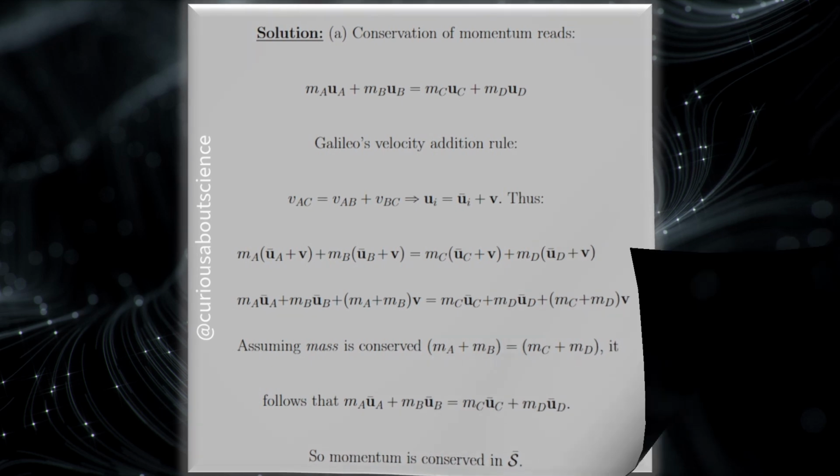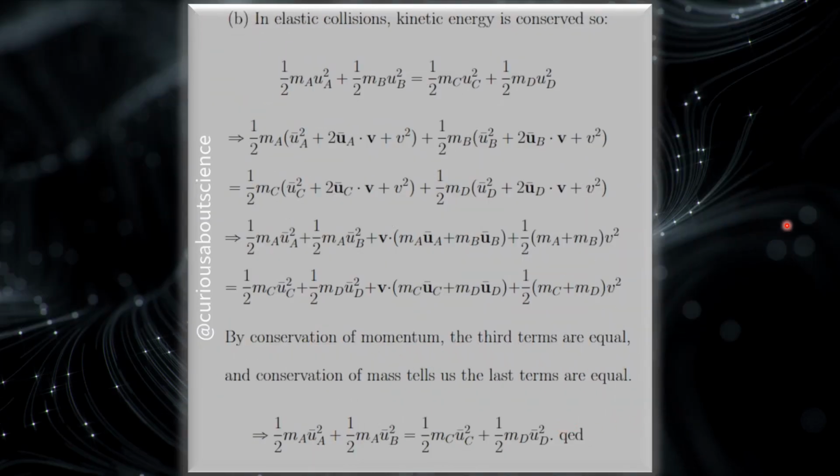Now, for the second part of this question, we were told that we had an elastic collision, and we want to show that things are conserved there. If we recall, in elastic collisions, we also had kinetic energy conserved. So what we're going to have to do is the same trick, just with the kinetic energy formulas.